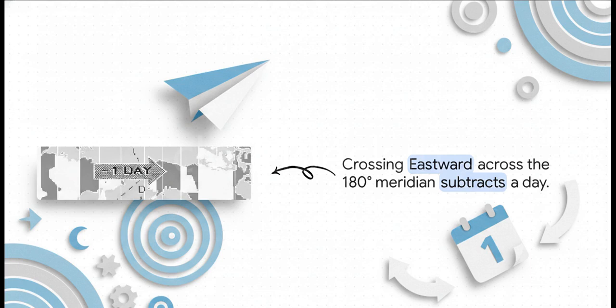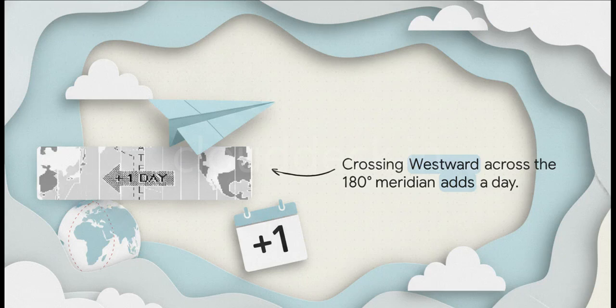You are literally flying backward into time zones that haven't even experienced your current day yet. It's basically time travel. And conversely, flying westward pushes you across that boundary into the Eastern Hemisphere. This pushes you ahead in time, requiring you to instantly add a day to your calendar. Always, always track this shift carefully on your transoceanic flight calculations, or your logbook is going to be a total mess.